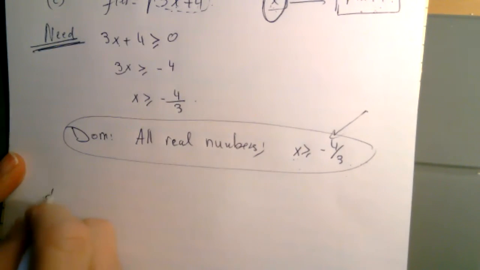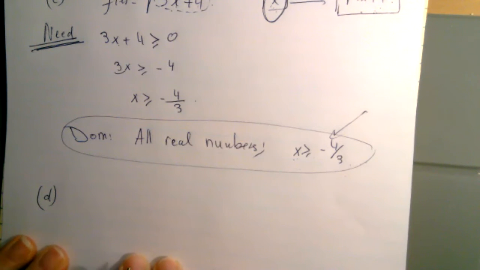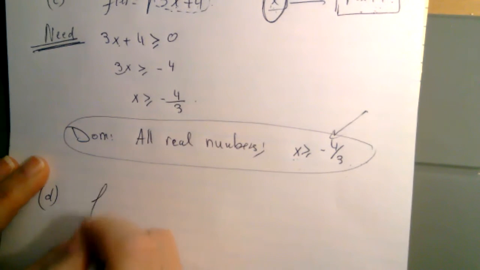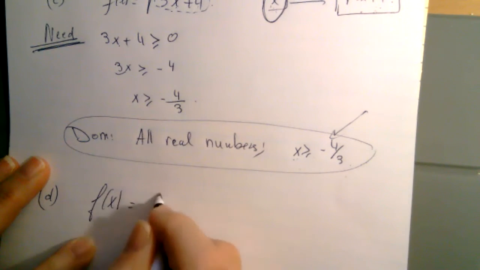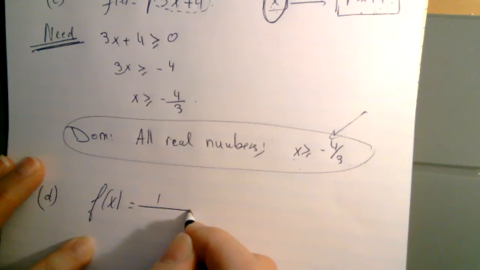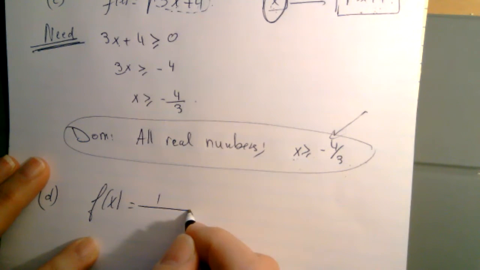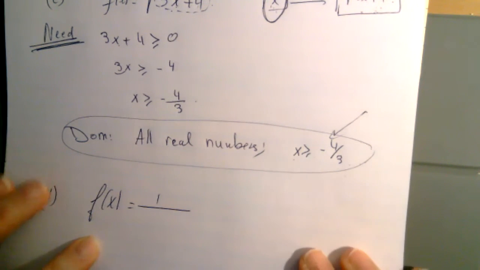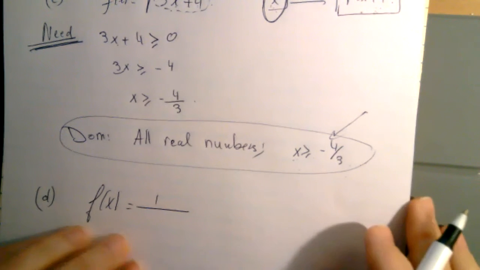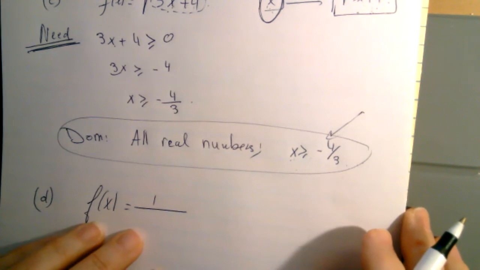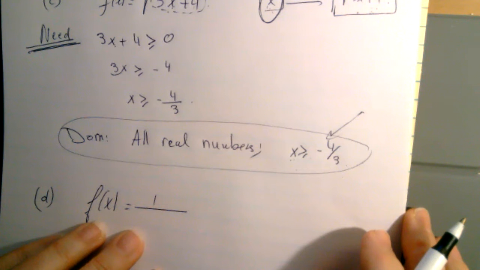Okay, I'm going to do A, B, C, D. And f of x equals. Question: if you divide by a negative, the inequality changes the way it goes, right? You end up having to divide or multiply by -1 anyway. That's why you might as well just get rid of the one step.